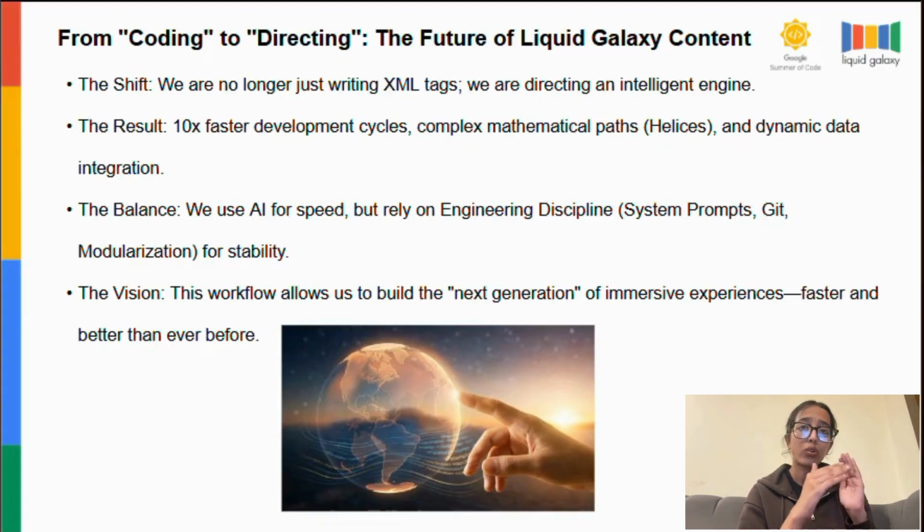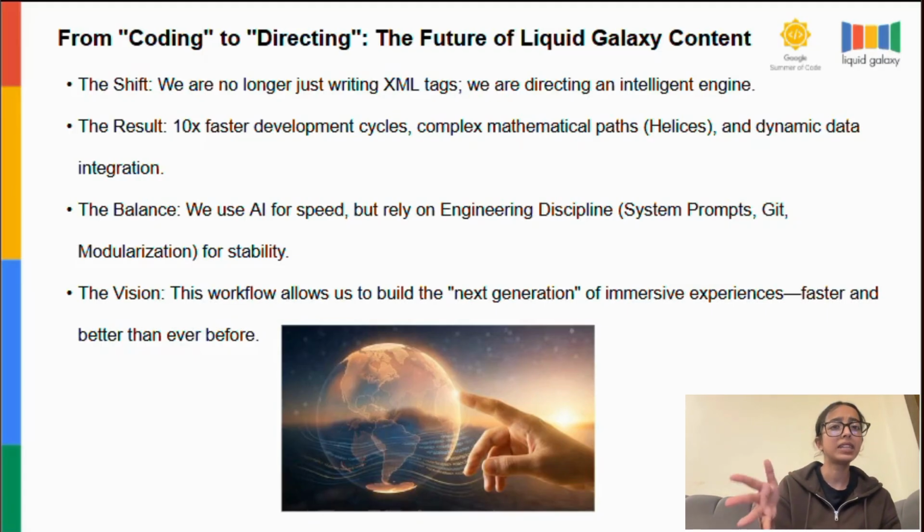But it only works if it's balanced with engineering discipline. System prompts, modular design, version control, those things keep the system stable, while AI keeps it fast. So together, they let us build the next generation of immersive experiences, better, richer, and much faster than before.